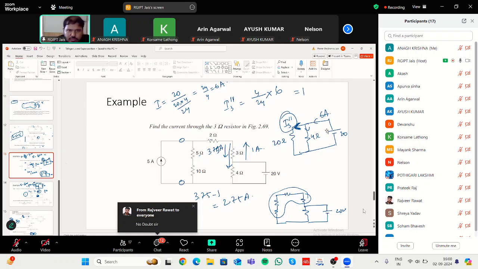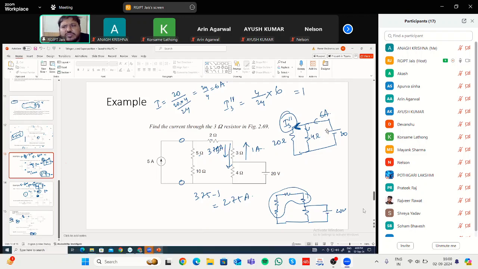You already know who is your tutorial instructor. Again, the tutorial sheet will be shared in Google Classroom. This Norton's theorem, superposition theorem, and Thevenin's sheet I will share in Google Classroom today.